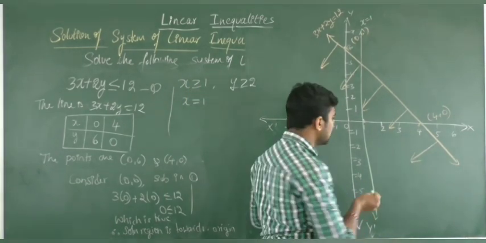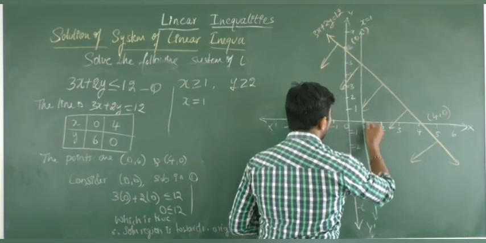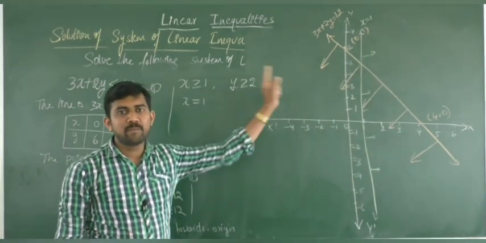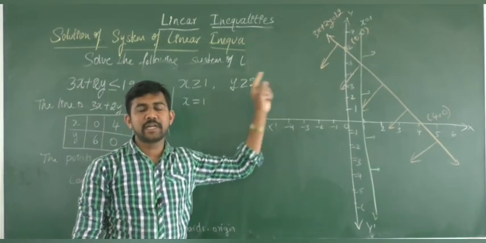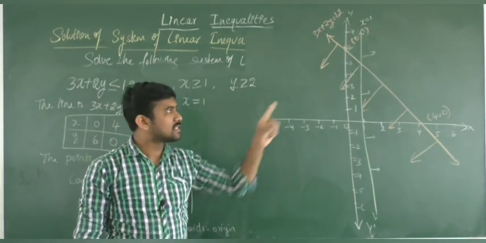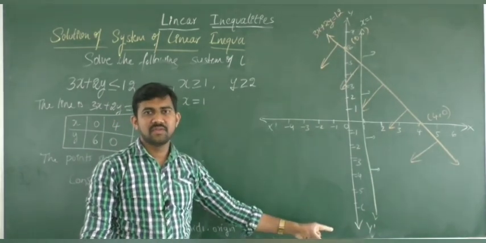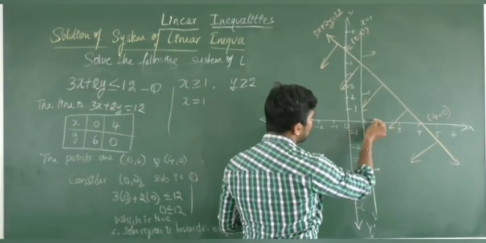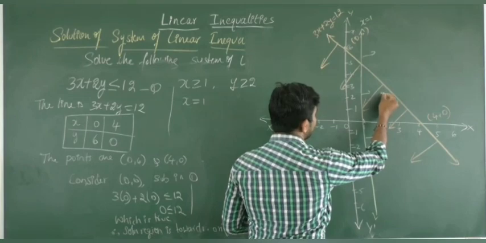And as I said, here you have x greater than c, so the solution region is the right half plane. Or else you can check by considering any arbitrary point on the plane which does not lie on the line. Don't consider (1, 1); you can consider (2, 2).